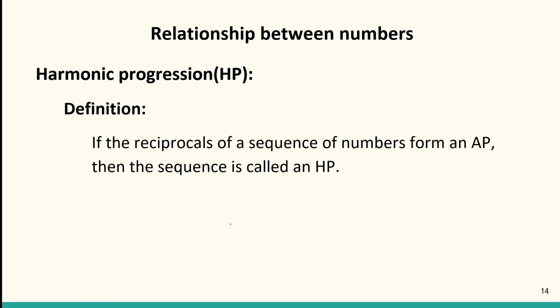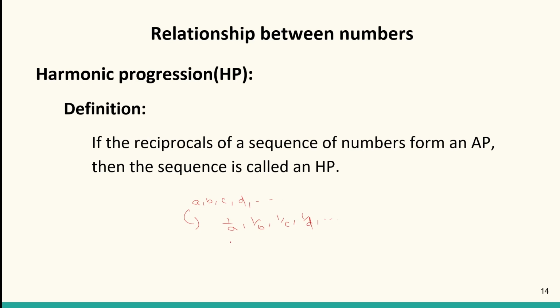So let's see what harmonic progression is. The definition tells us that if the reciprocals of a sequence of numbers form an AP, then the sequence is called an HP. So if you are given a sequence A, B, C, D and so on, you take their reciprocals: 1 by A, 1 by B, 1 by C, 1 by D and so on.